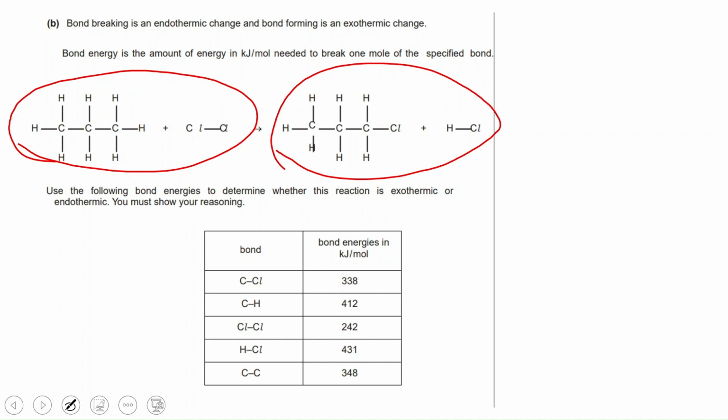So the way to go about this would be counting how many CH bonds there are. So there's 1, 2, 3, 4, 5, 6, 7, 8, right? And the CH bond value is 412. So this is going to be 8 into 412 plus the Cl-Cl bond is 242.